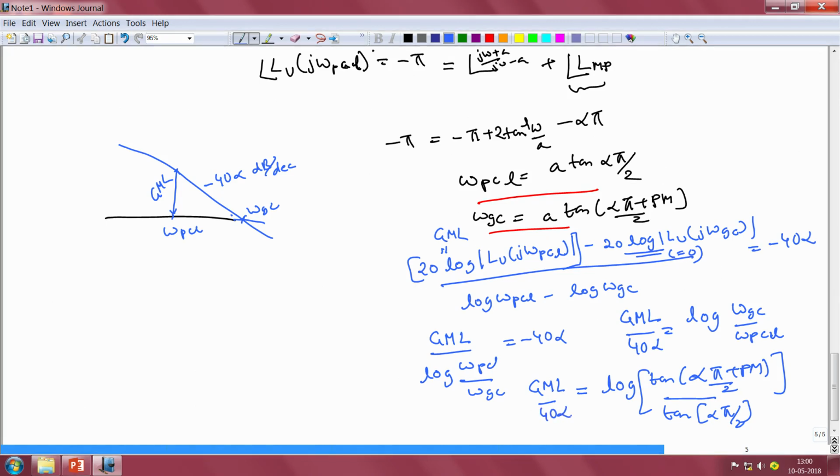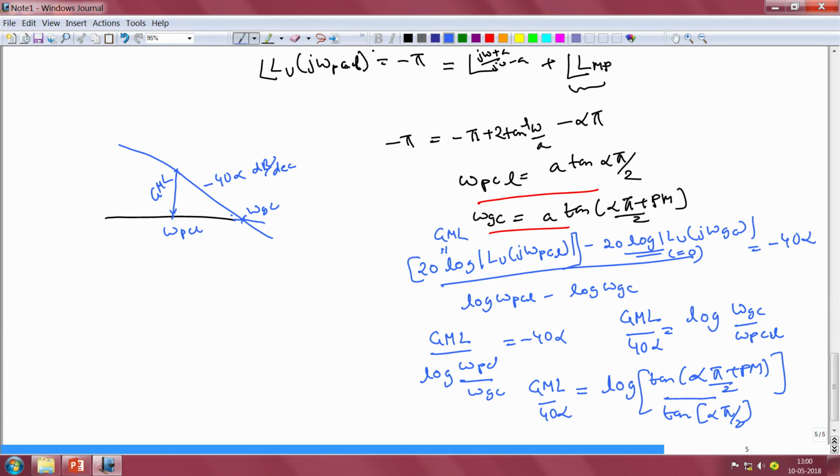Now once again this is a transcendental equation and we have to solve it numerically for obtaining the value of α that satisfies it for a specified value of GML and a specified phase margin PM. Now there is one simple trick that we can adopt in order to quickly obtain the value of α.